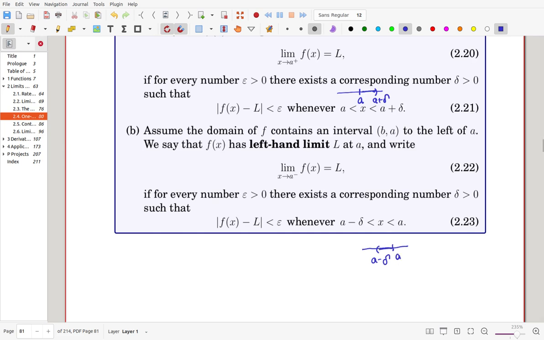Once x is inside this half interval, the difference is bounded by epsilon for arbitrary epsilon, then we say L is the left-hand limit. It is exactly the same as for the regular limit, but we are considering x on only one side. Okay.